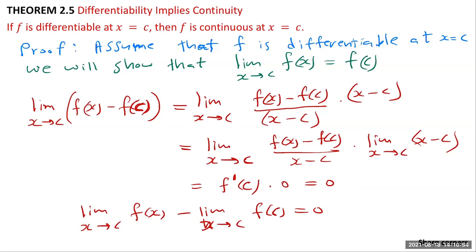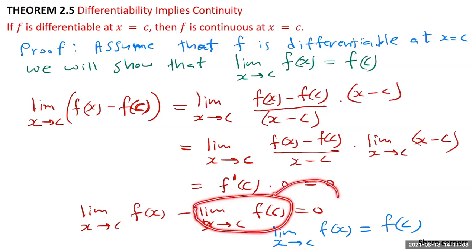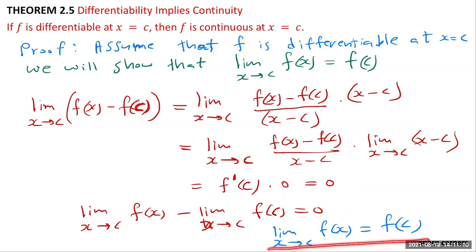This will give you the limit as x approaches c of f of x is equal to f of c. If you move that to the other side, this is what you get. That's exactly what I wanted to prove. So that means my function f is continuous at x equal to c.